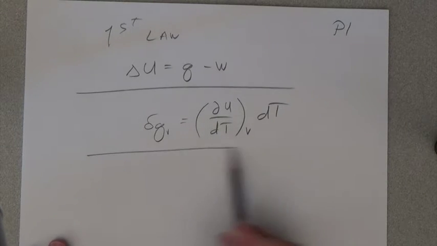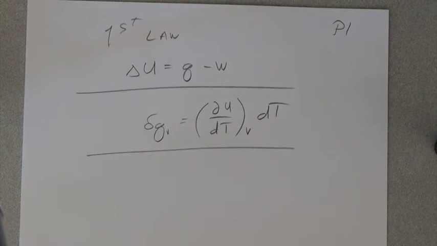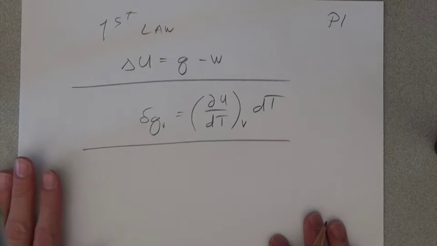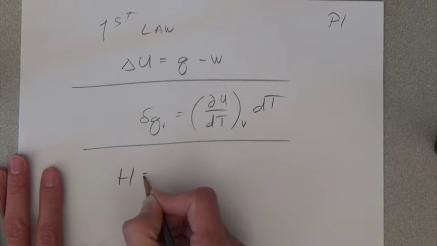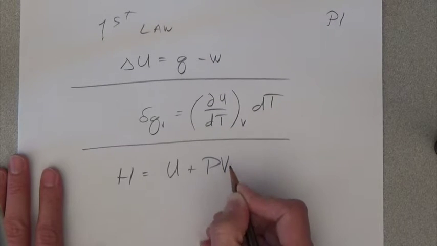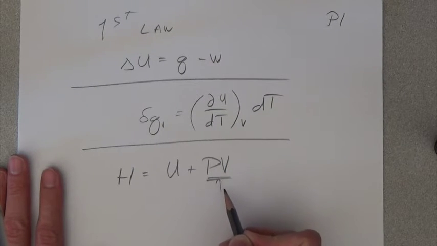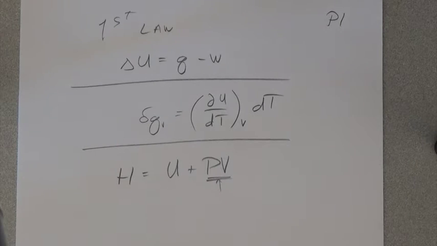After we defined that, we went on to talk about the case where pressure is held constant, and that allowed us to derive our enthalpy. So we have an expression for enthalpy, which is also a state function, and remember, H is equal to U plus PV. Remember, this is just for our particular example. In real world materials science problems, we're focusing on many types of work, including stress, strain, electric field, displacement, and so on.